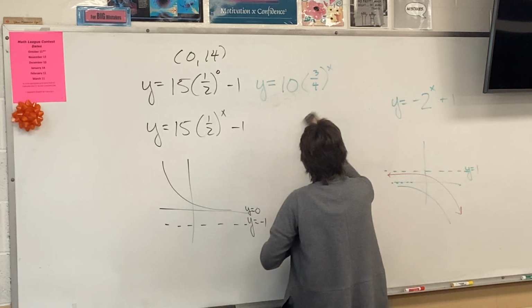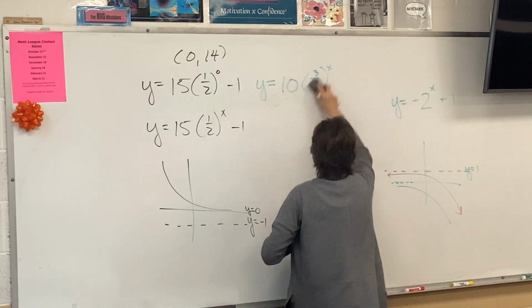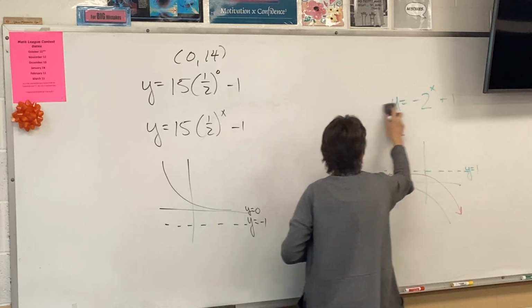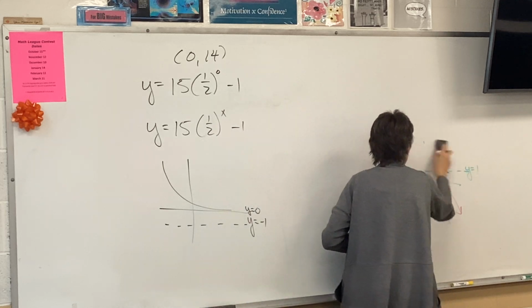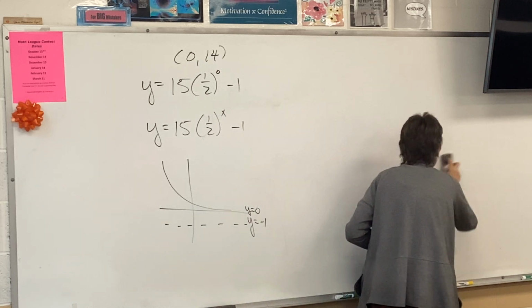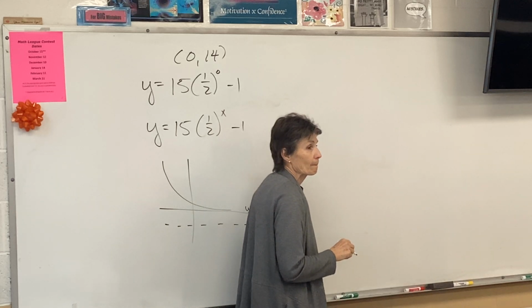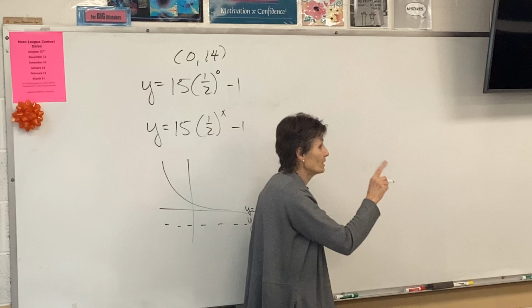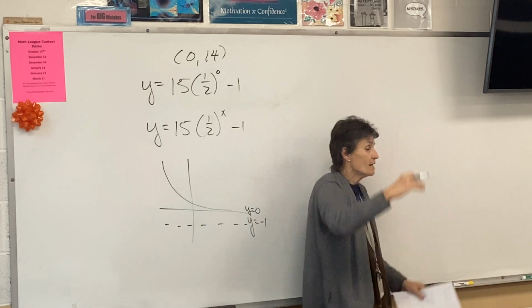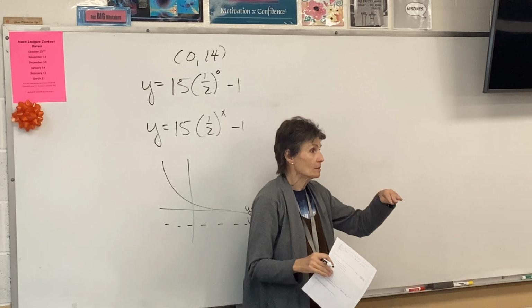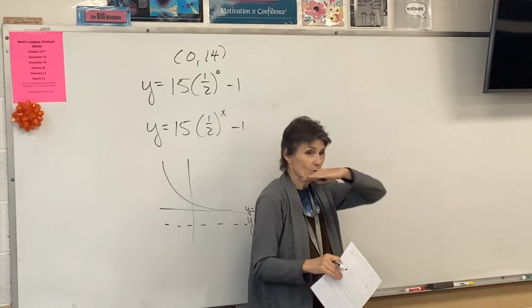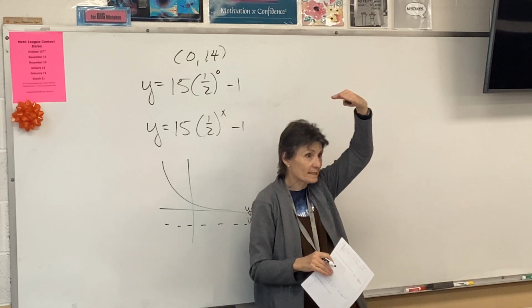Now the next one is a logistic function. A logistic function, remember what they look like, is going to have two asymptotes, a limit to growth. It's going to have a limit to growth asymptote, and then what's its bottom asymptote? 0. So it's going to have one at 0 and one at its limit to growth.